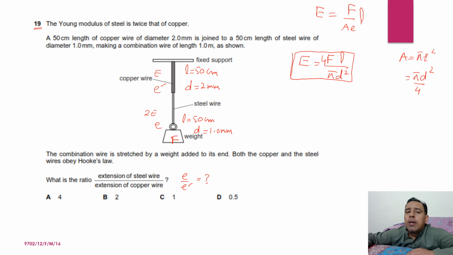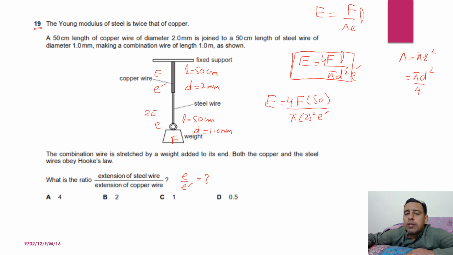So for this copper wire, say the modulus is E, this is 4F, it is constant, the length is, you can say, 50, and there is extension here. This is called extension e dash for the copper, and this is pi 2 square e dash. Clear?